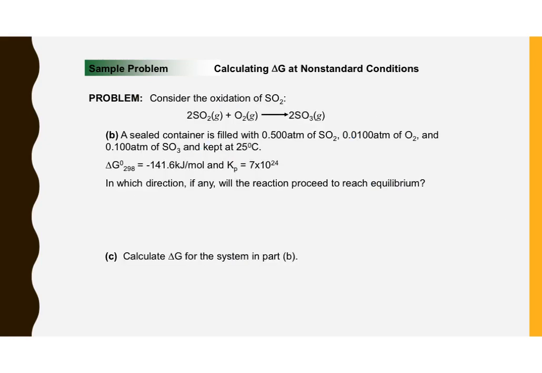Almost done here. Just another part B to the problem. So we're going to move to non-standard conditions, okay? We're still at 25 degrees C, but since they gave us concentrations, and just to remind you, we haven't worked much with pressure, but K can be in terms of pressure or concentrations.